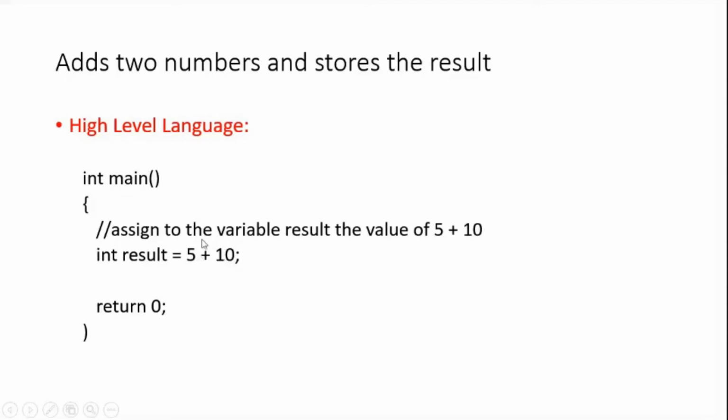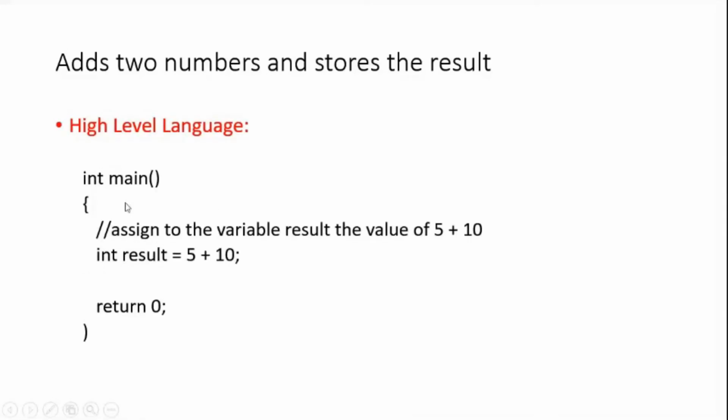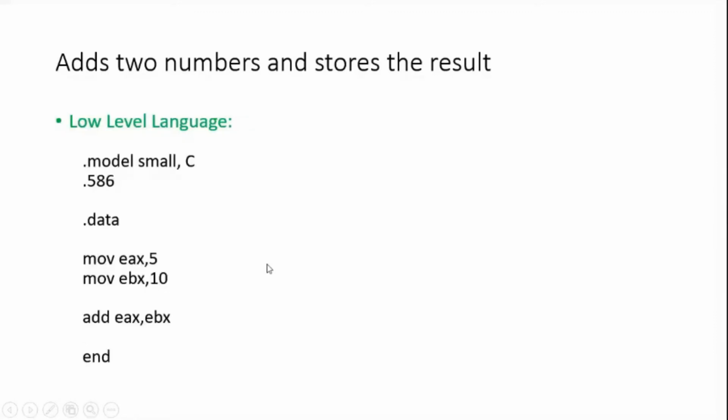The 5 plus 10 is added together, then the result is stored. Comparing these two, in the high-level language a single statement represents the entire thing, but in the low-level language at least 3 different lines of code are required to do the same thing. That is the difference between the low-level language and the high-level language.